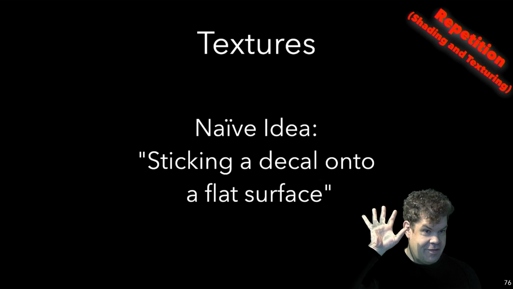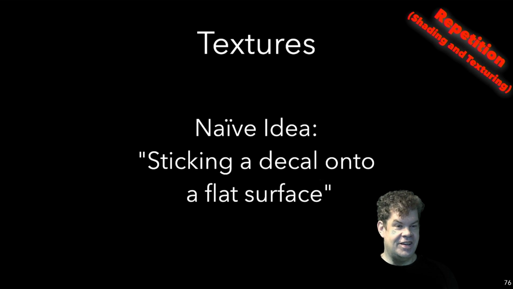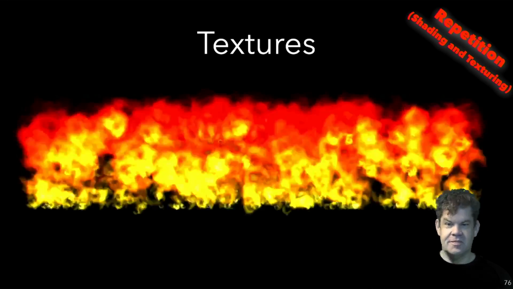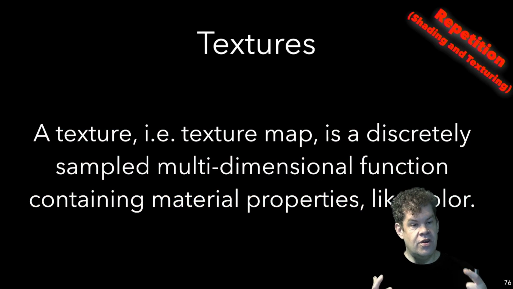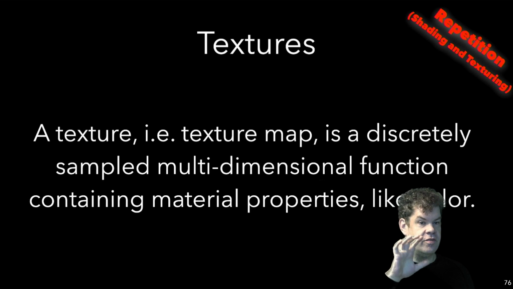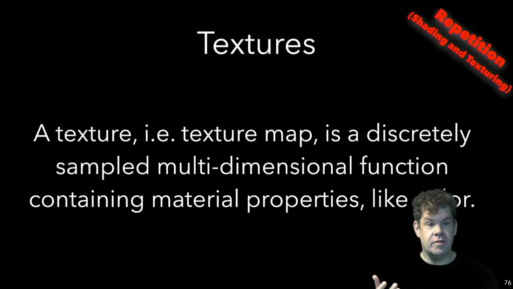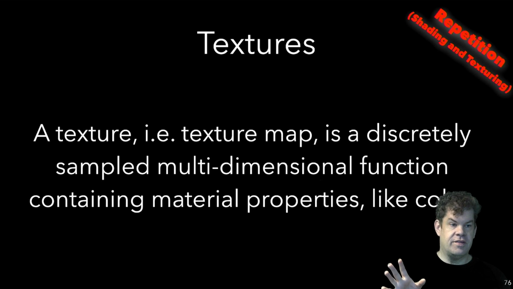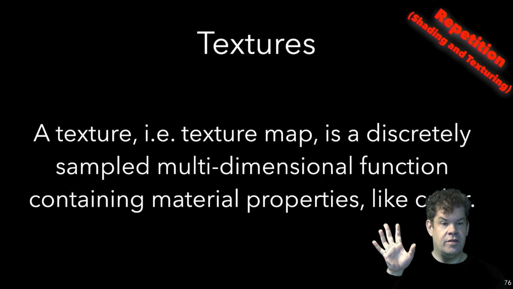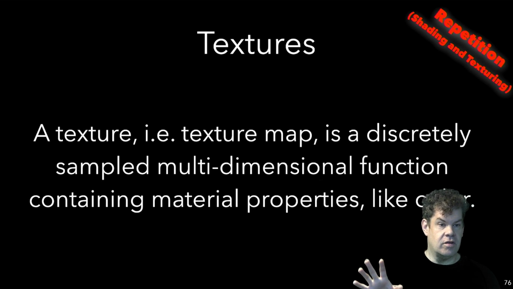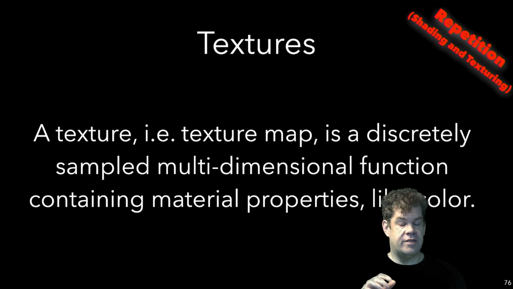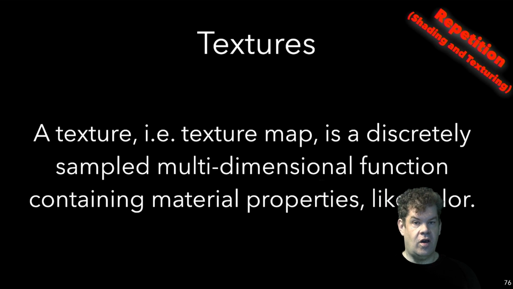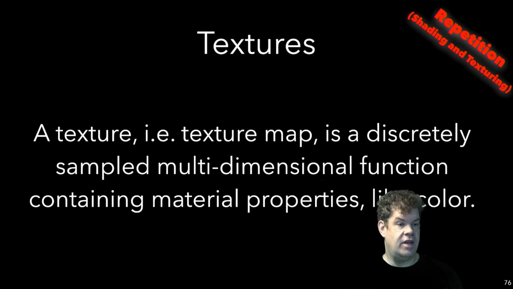I try to literally set on fire this idea that a texture is an image stuck to a surface. That's what most people think, but this doesn't work very well. You should really think about a texture as a lookup function, and that's usually discretely sampled in the case of an image, but it doesn't have to be.